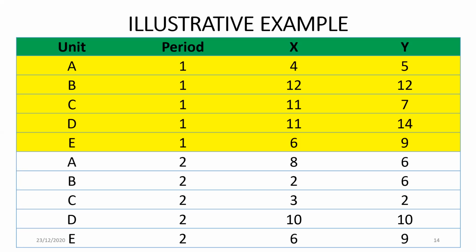There are 5 firms in periods 1 and 2. So if you look at the first firm A in period 1, the input was 4, the output is 5. Now you can see that I'm using an input-output graph, not input or output, because the biennial Malmquist can best be explained using CRS and VRS frontiers.